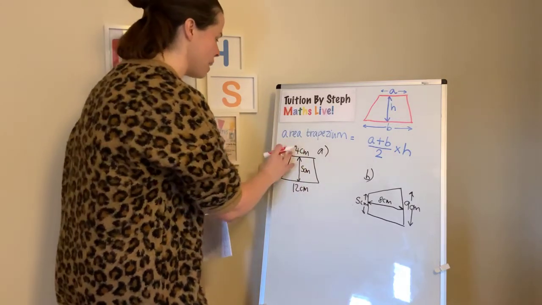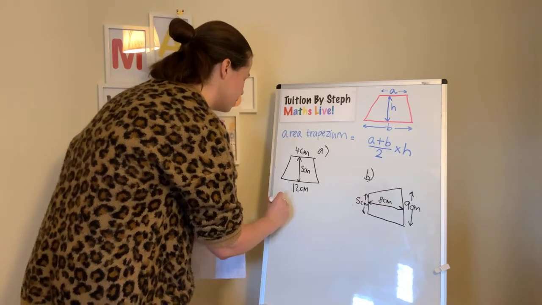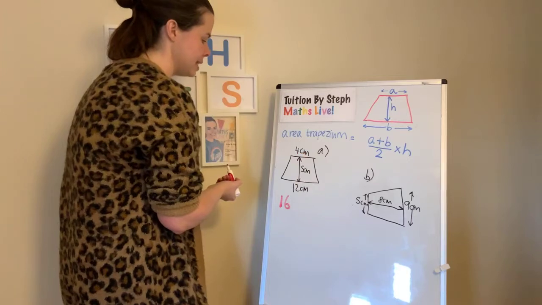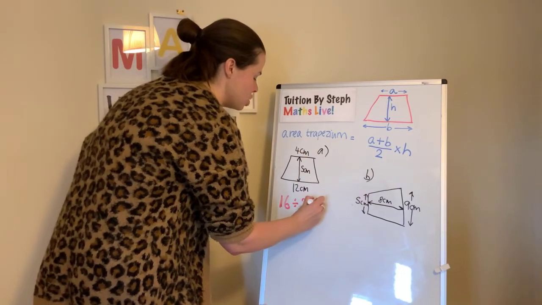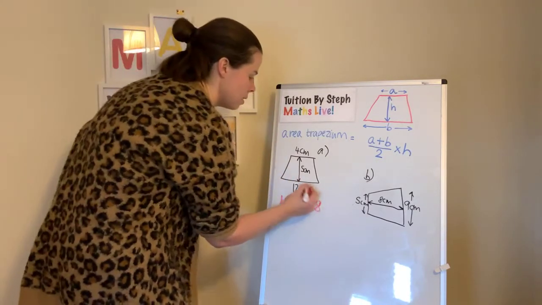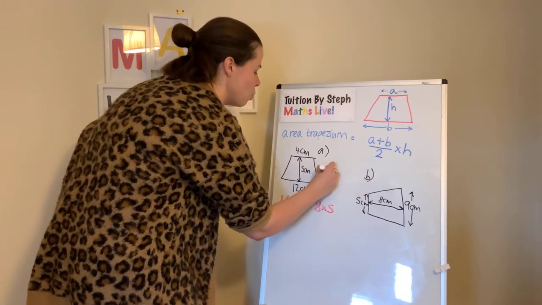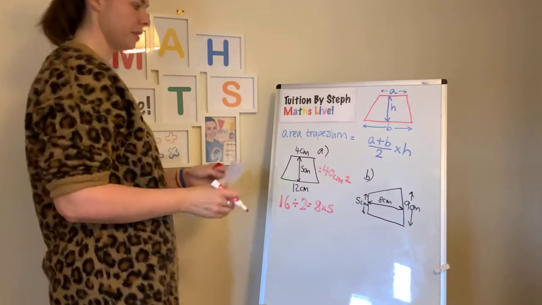Right, for the first one, A plus B, so 4 plus 12 is 16. Well, this pen's bit the dust as well. So 4 plus 12 is 16, and then we divide it by 2, which is 8, okay? And then we times it by our height. 8 times 5 is 40, so 40 centimetres squared.